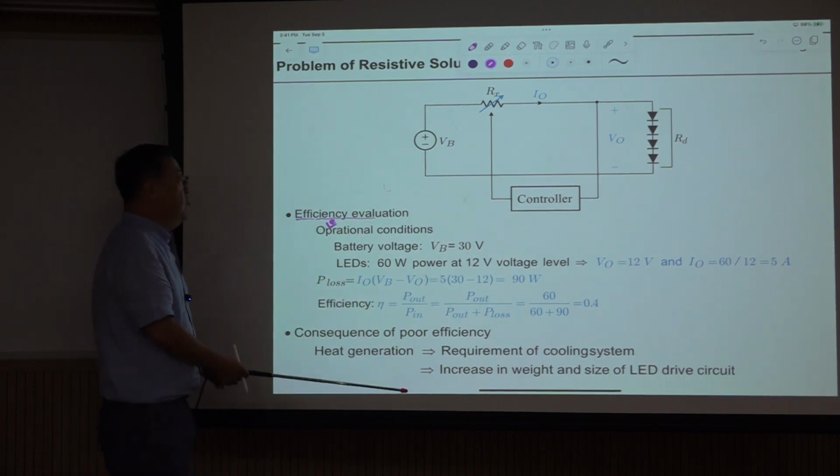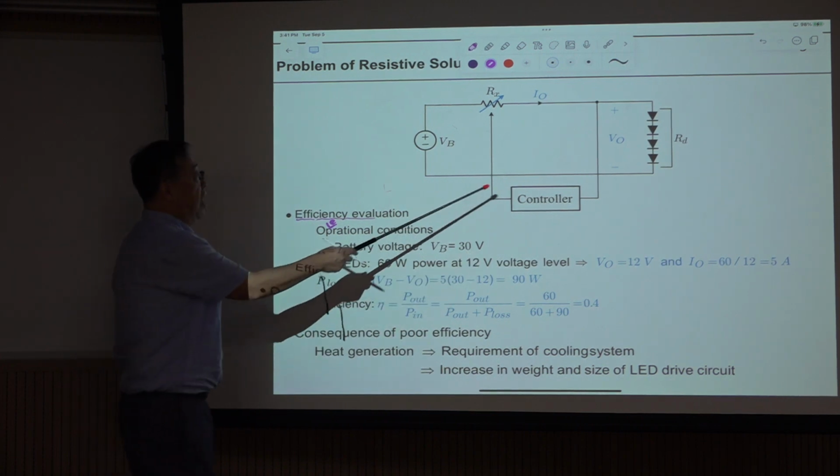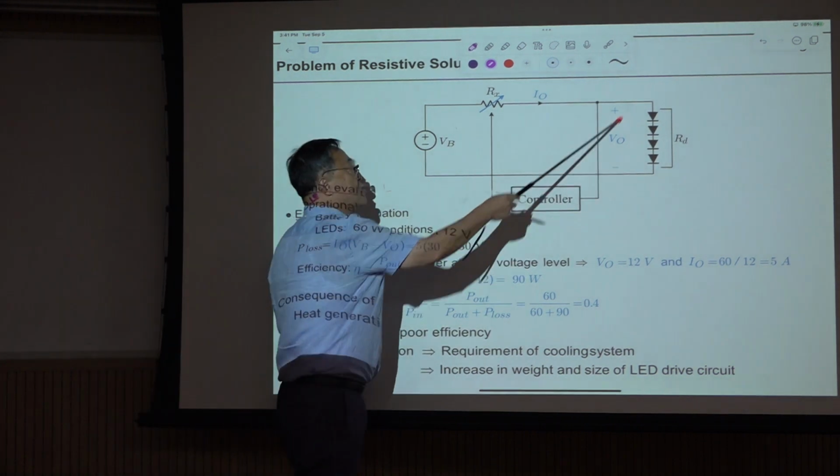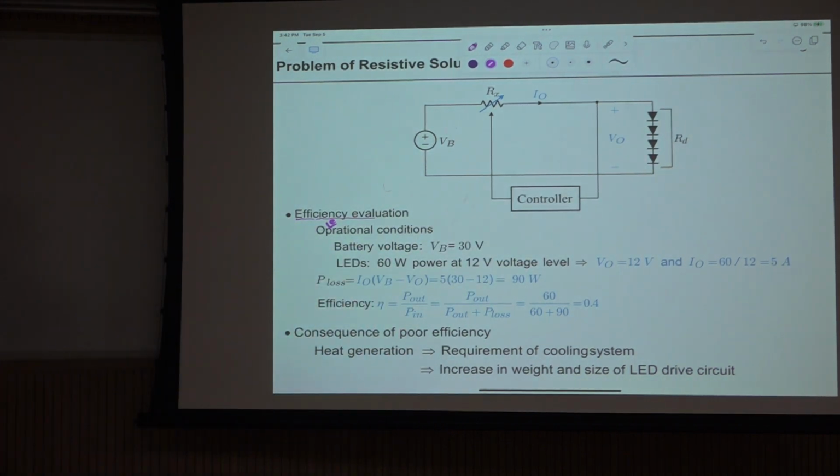So this power loss of 90 watts is even larger than the rated power of this LED. So the efficiency is less than 0.5. This causes huge problems for some applications.